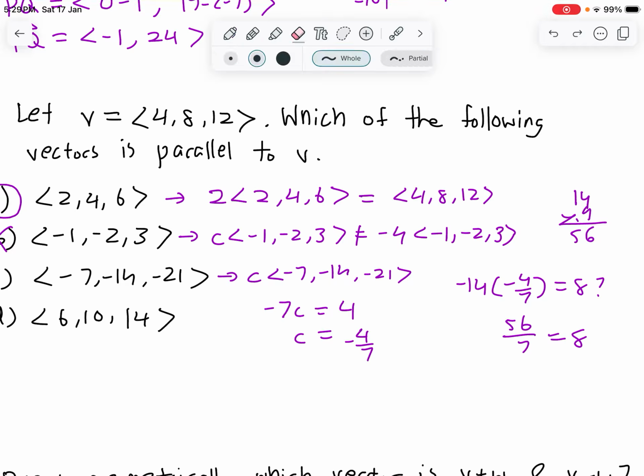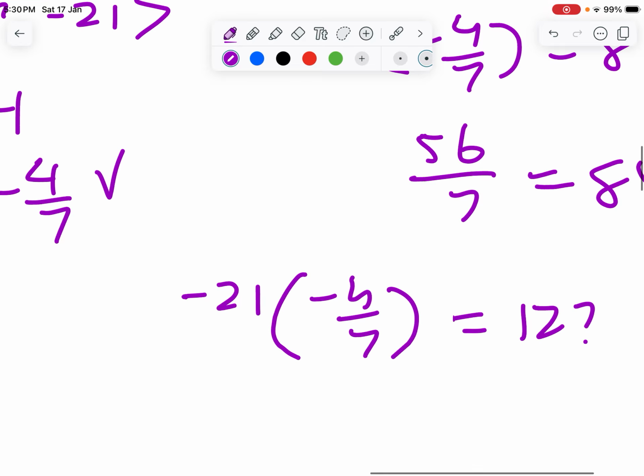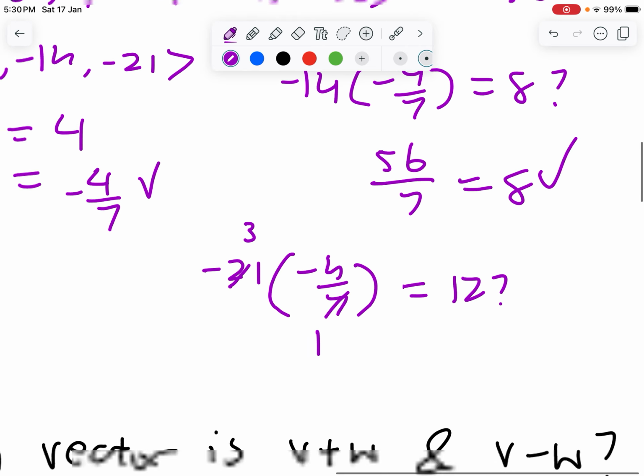So far so good. Let's take a look at our last one. We have -21 times the same value, -4/7, and let's see if this is equal to 12. So in this case, to make things easier, I could just cancel out the 7, that's 1, and that's 3. So -3 times -4 is 12.